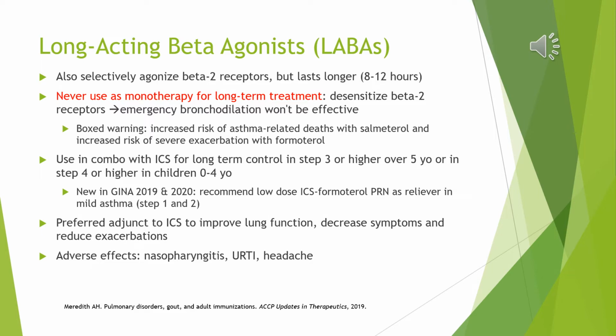And that is because LABAs can desensitize the beta-2 receptors, so that the emergency bronchodilation would not be effective. There is even a boxed warning for increased risk of asthma-related deaths with salmeterol and an increased risk of severe exacerbation with formoterol.